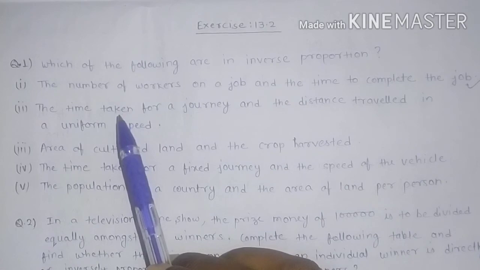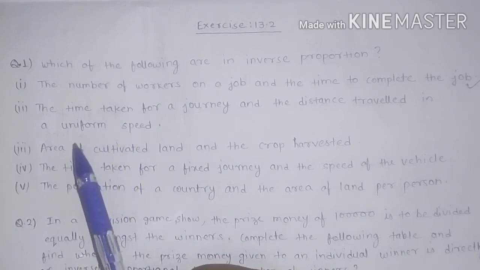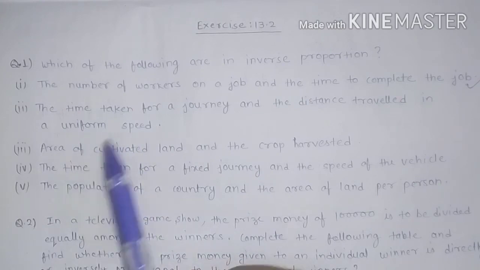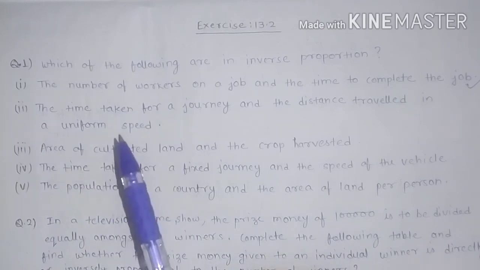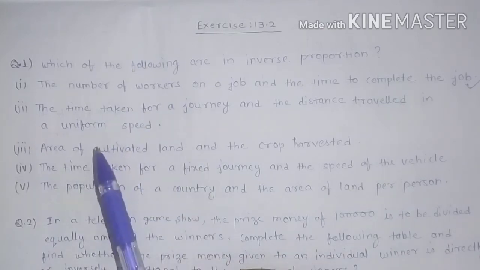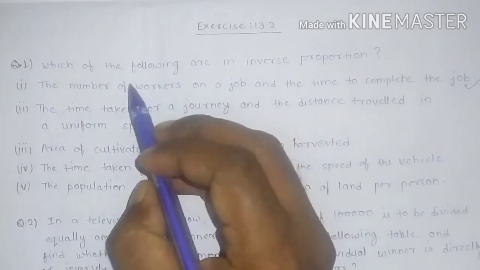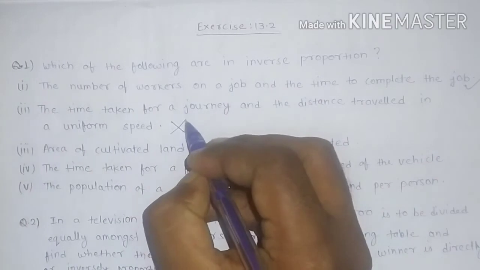When a car or bike moves at a uniform speed, if the distance is more, then the time taken will also be more, and if the distance is less, the time taken is also less. So this is in direct proportion, not in inverse proportion, so just put a cross sign.